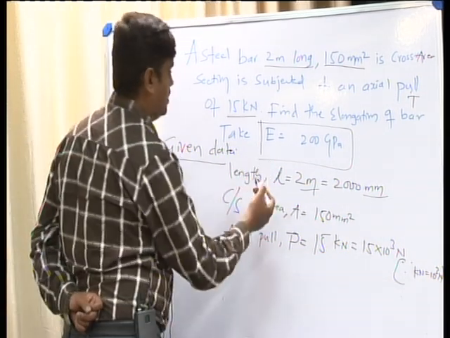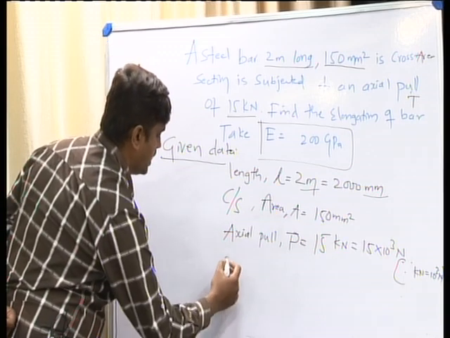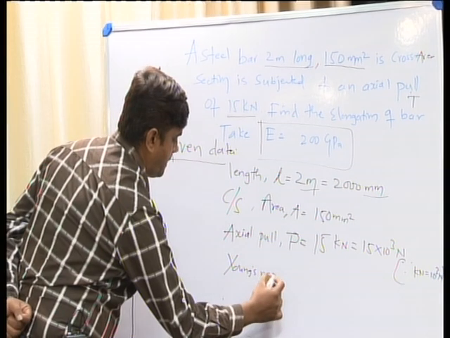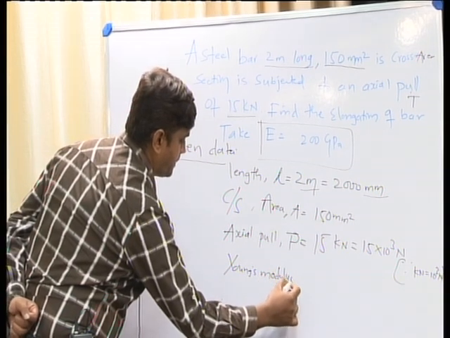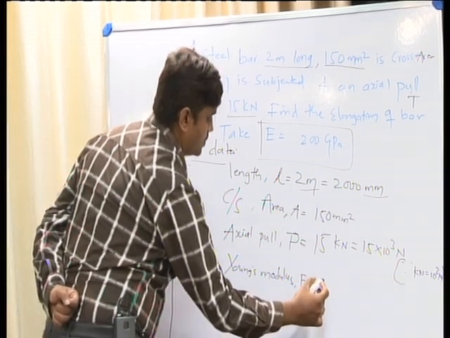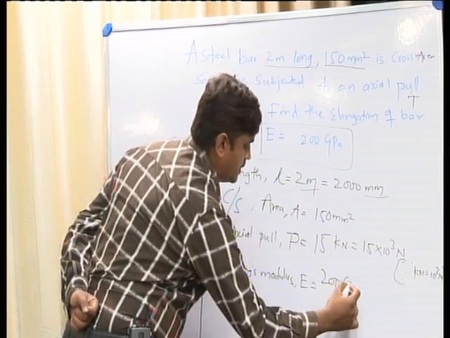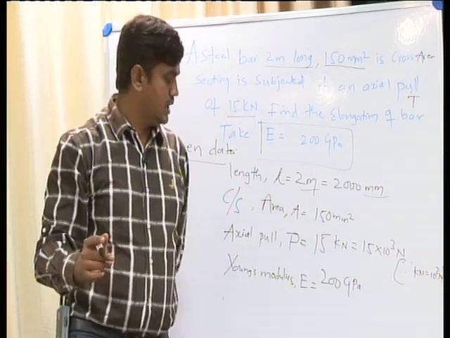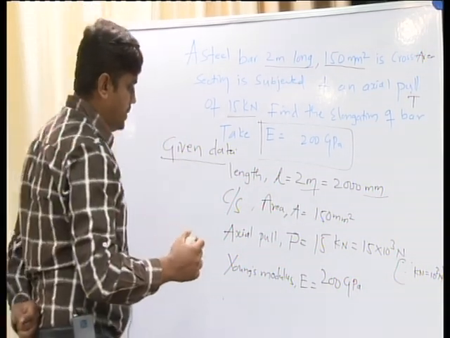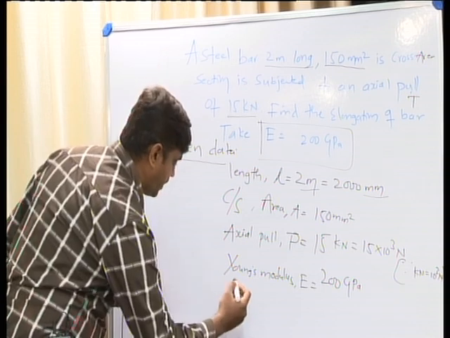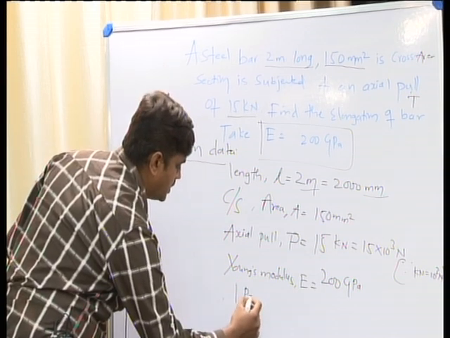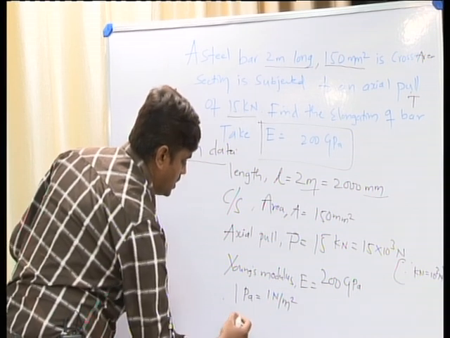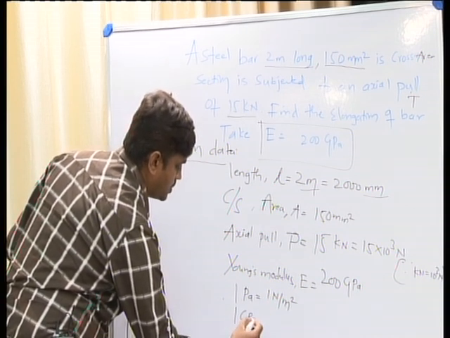And what is E? Young's modulus E is equal to 200 GPa. As earlier I told you, what is GPa? 1 Pascal is equal to 1 Newton per meter square. 1 GPa equal to how much?